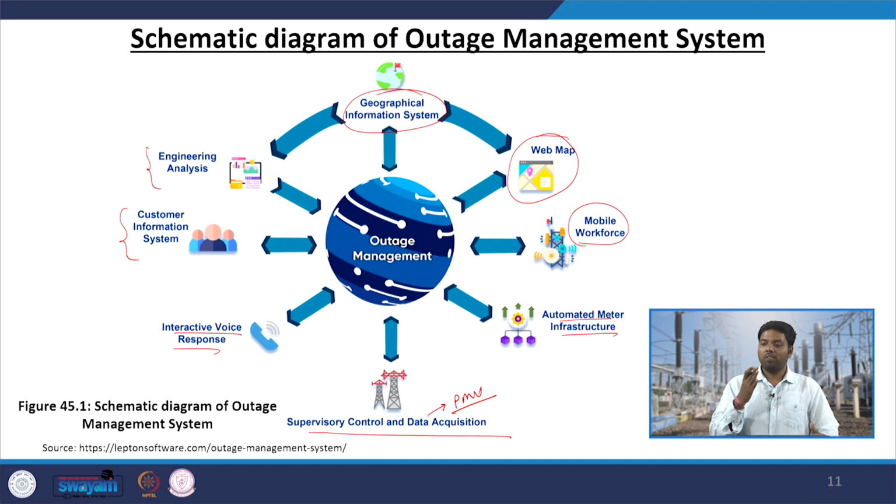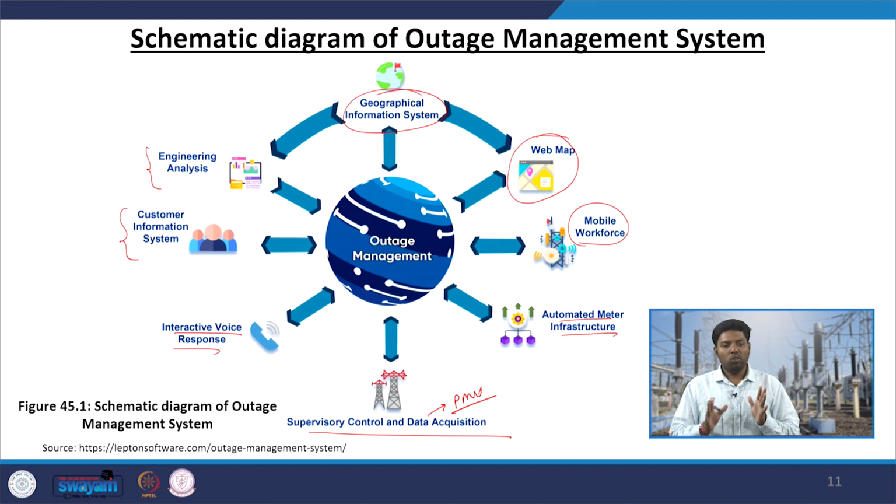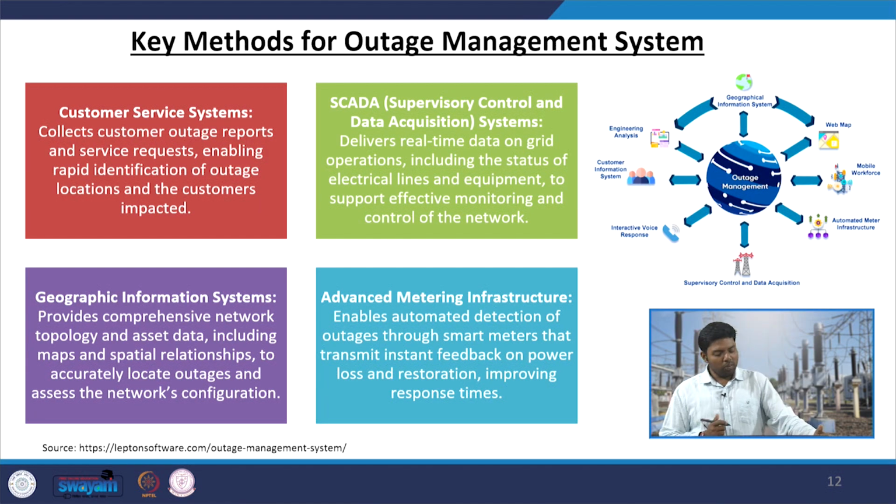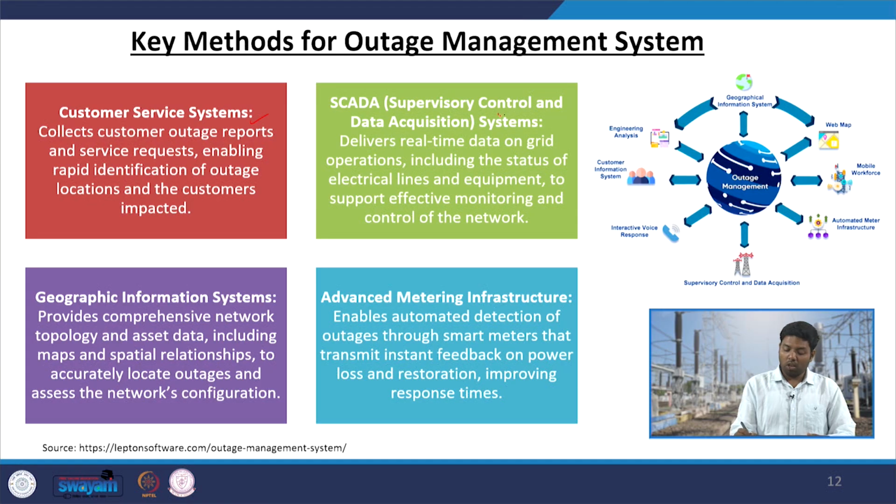If some equipment is degrading, if some equipment is on the verge of completion of its lifespan, then those things you can do only by doing the engineering analysis. This can be reliability analysis, power flow analysis, fault analysis or any kind of analysis. Okay.